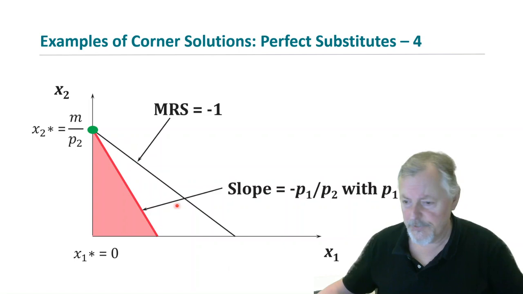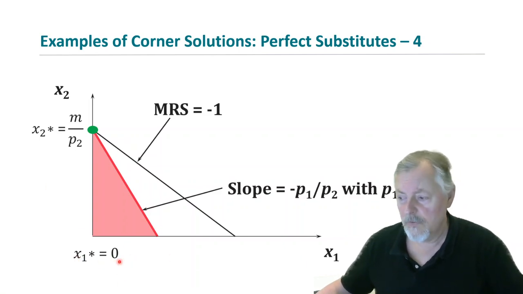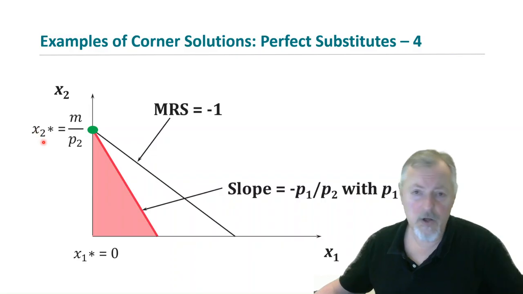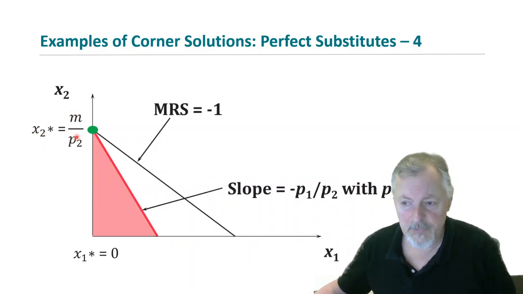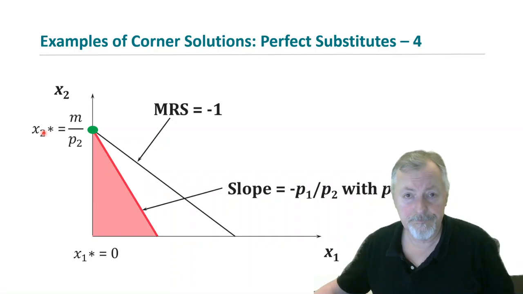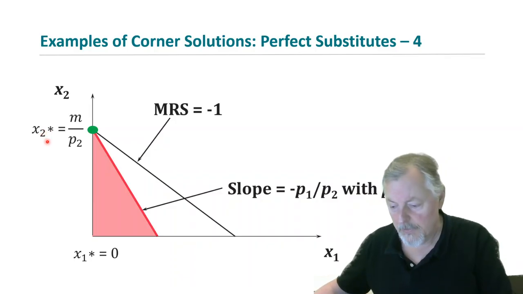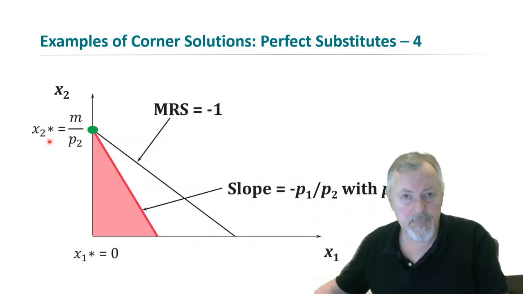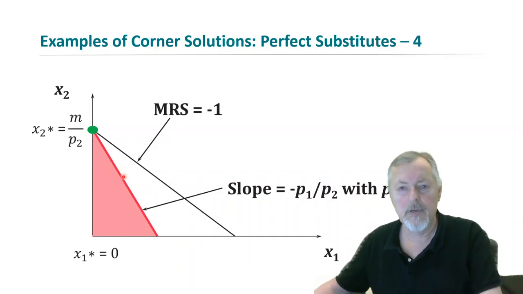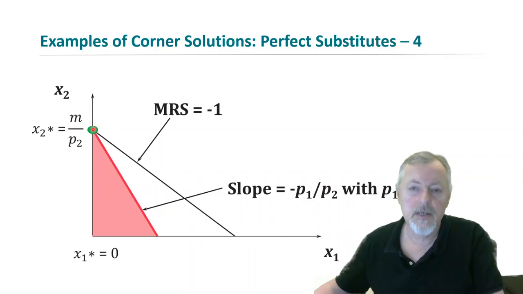And here it is again. This person will consume at the optimum 0 x1, and they'll spend all their money on x2. They'll be able to buy whatever their income is divided by the price of x2. So this will be the optimum consumption bundle, even though the slope of the indifference curve is not the same as the slope of the budget constraint, because it's a corner solution.